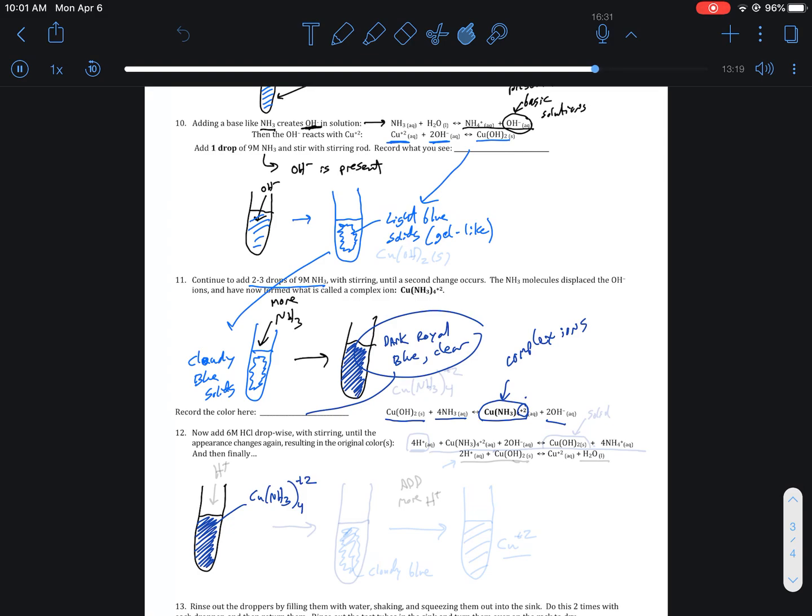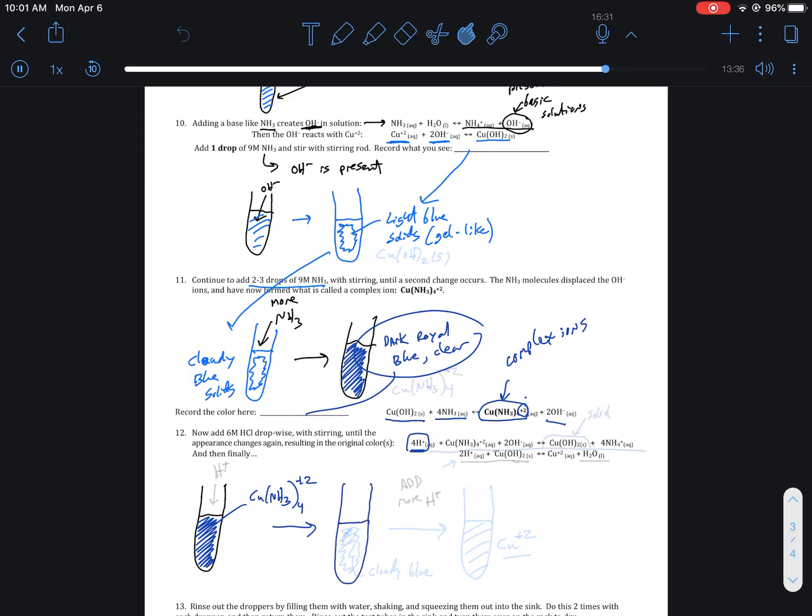Now hydrochloric acid is an acid, and the important thing to know here is that it's the H+ that is able to peel off the ammonias off the copper. And when the coppers come off, the copper hydroxide reforms. And remember, the copper hydroxide is the cloudy solid.